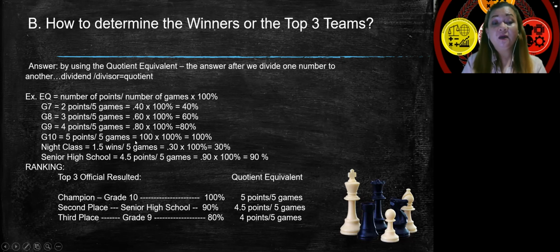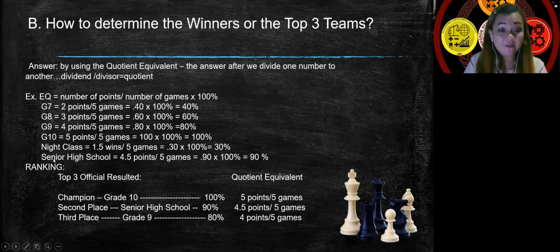So that would be 1.00 multiplied by 100, which equals, of course, 100%. Now, the ninth class, assuming they got 1.5 points, divided by 5 games, is 0.30 multiplied by 100%, so that would mean 30%.